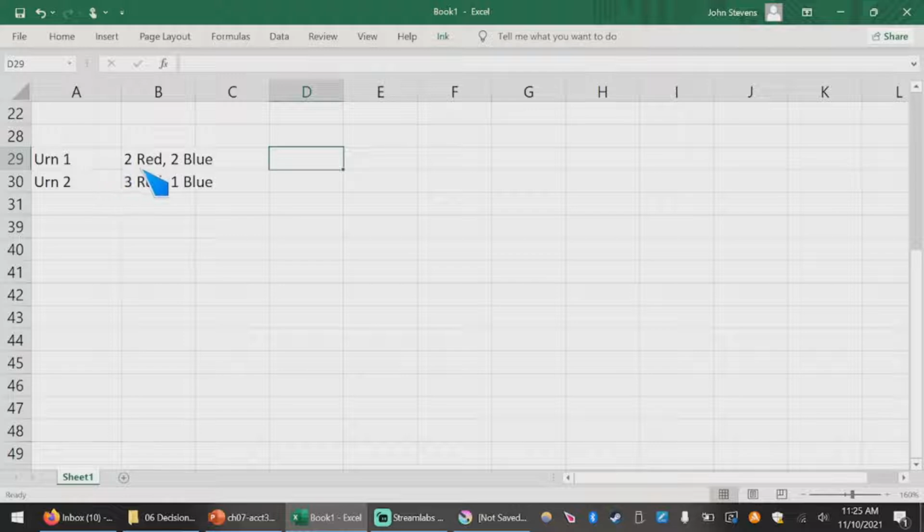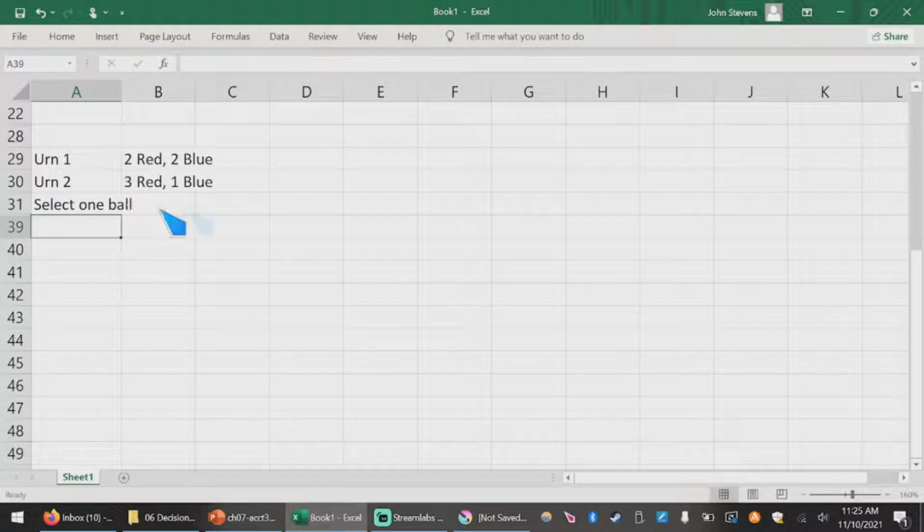Urn 1 contains 2 red and 2 blue balls. Urn 2 contains 3 red and 1 blue ball. I am selecting one ball. Let's say here, select one ball.